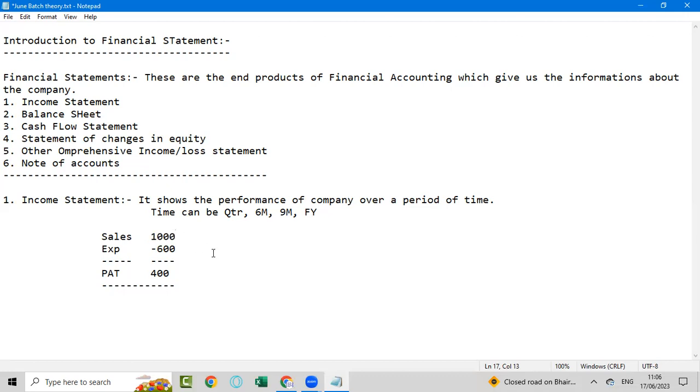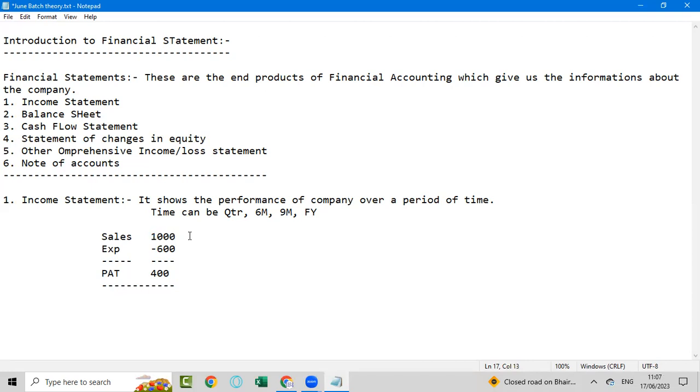This 1000 represents the worth of product and services sold during this particular period for which this income statement is prepared. If the income statement is for 3 months, then this much rupees of product and services have been sold. It does not mean that this much cash has been collected. Cash collection can be more than this, or it can be less than this.